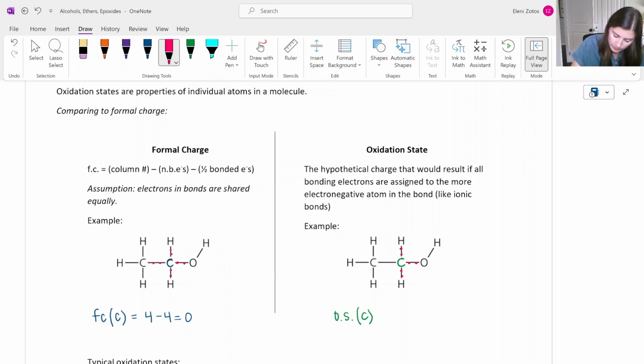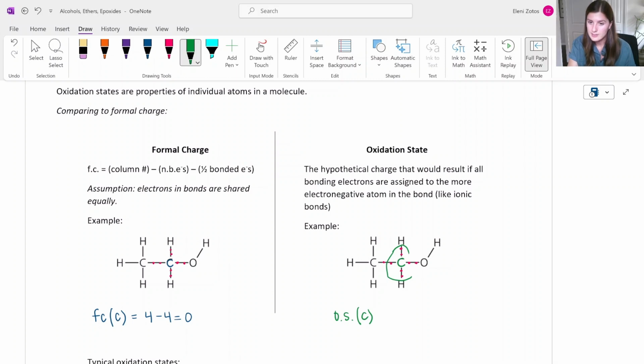If we draw those out, we can see that the carbon, which is slightly more electronegative than hydrogen, would own, I'm going to draw a circle to show which electrons are owned by carbon, both of the electrons in the bonds to hydrogen. Carbon and carbon have the same electronegativity, so those electrons are split. Each carbon owns 1.